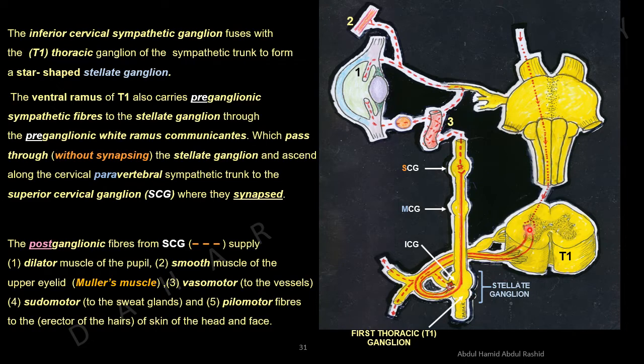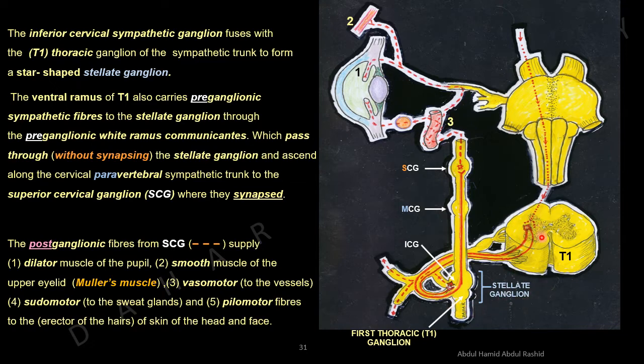This is the T1, first segment of the thoracic part of the spinal cord, and it also gives sympathetic fibers coming along this one to here. So these 2 ganglia, inferior cervical sympathetic and the first thoracic T1 ganglia, fuse together and form a big star-shaped ganglion called the stellate ganglion.